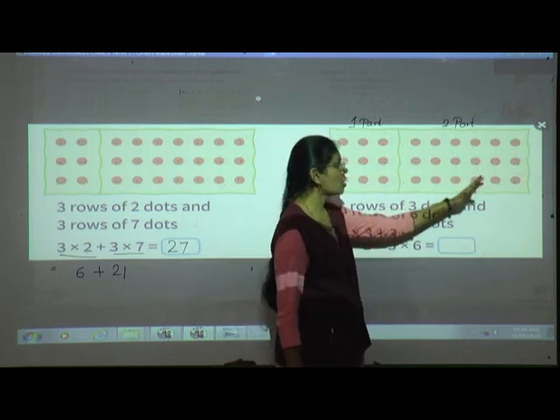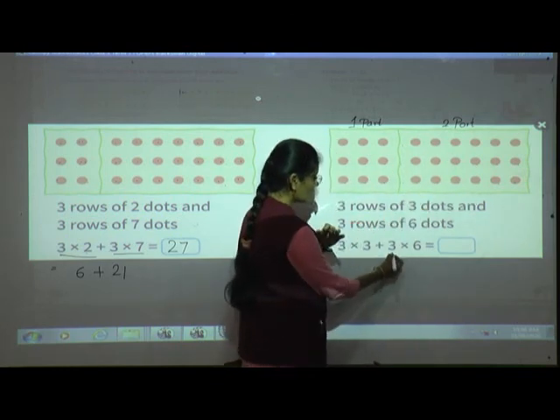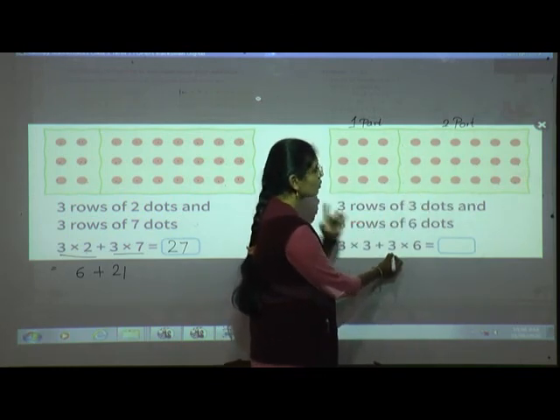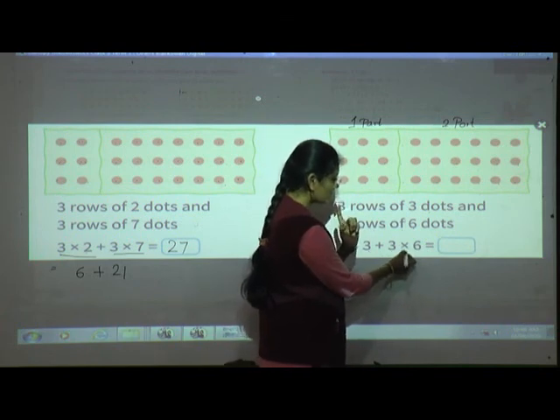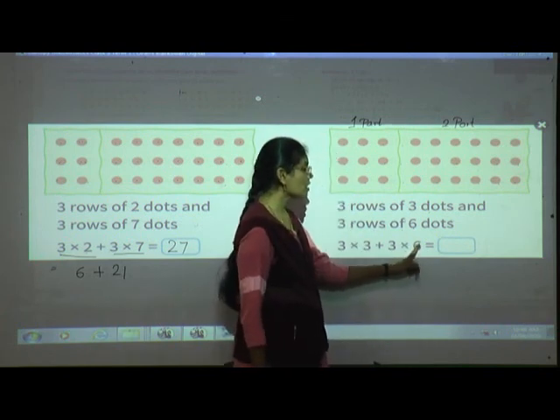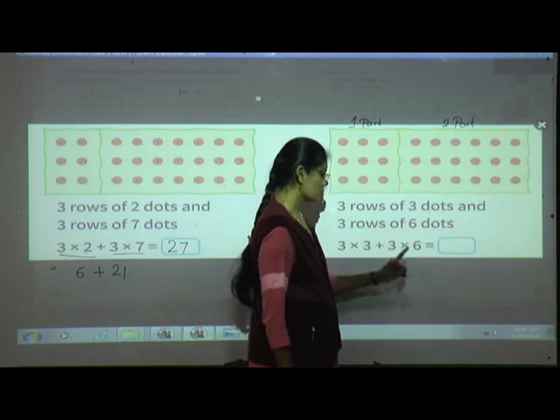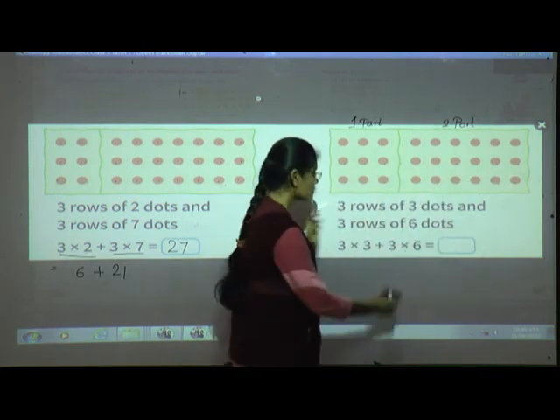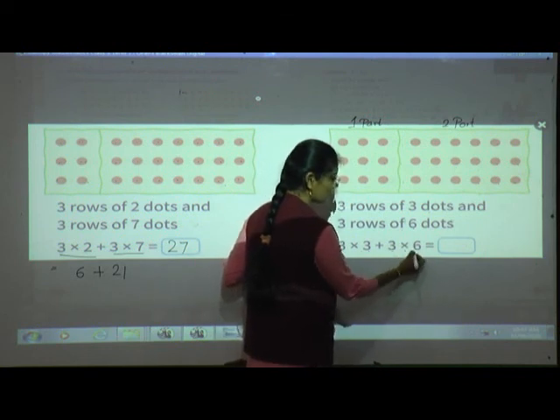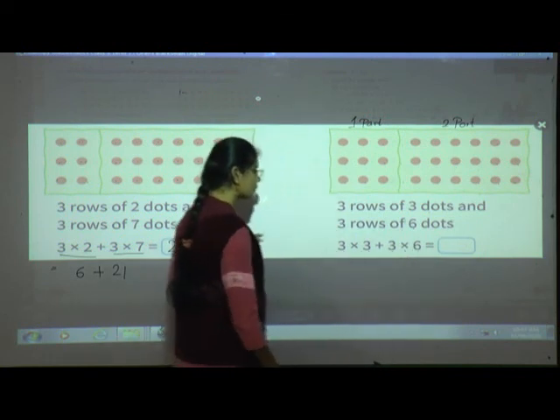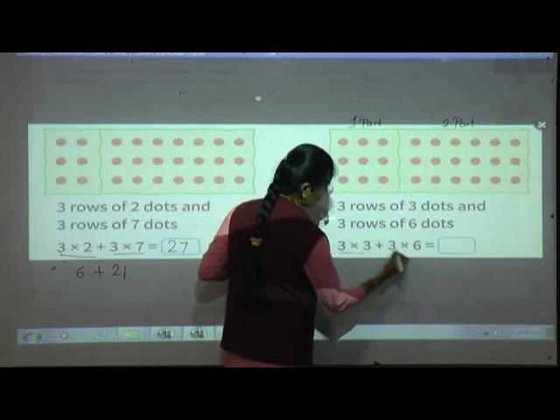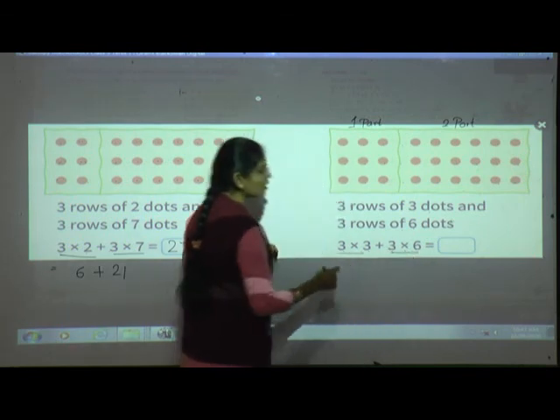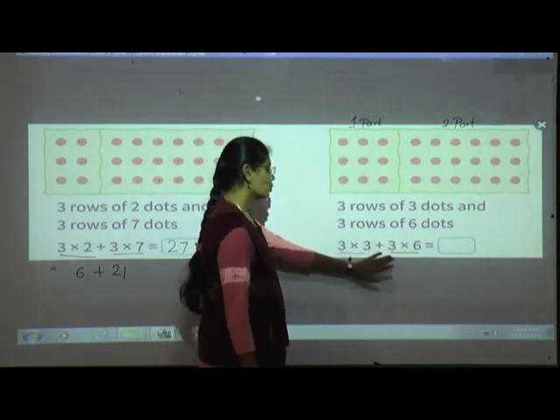Now in the second box there are 3 rows, so here we'll write 3, the number of rows. Okay, then into how many dots are there in each row, that we will write here. In each row there are 6 dots, so we'll write here 6. 3 into 6.